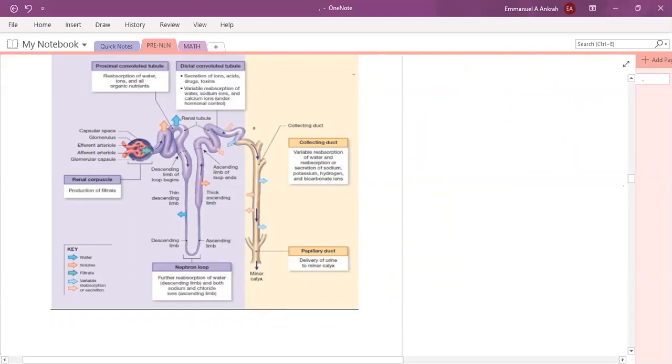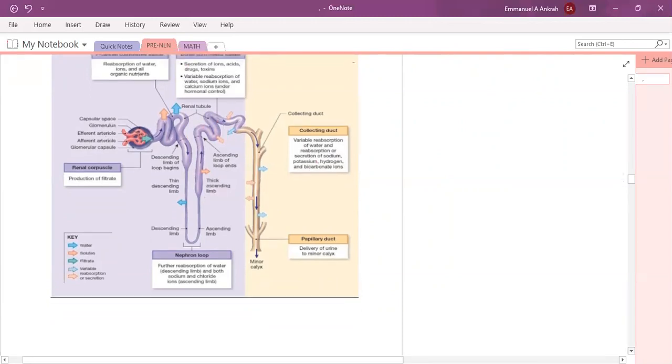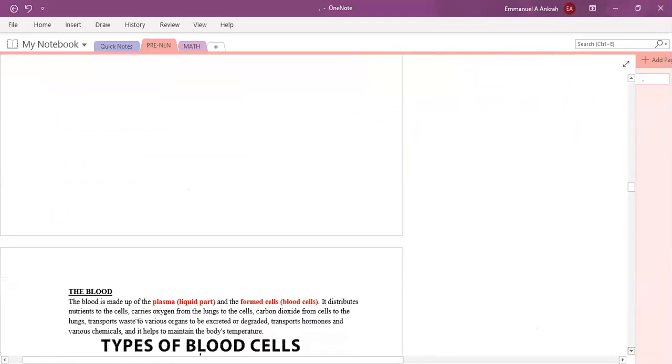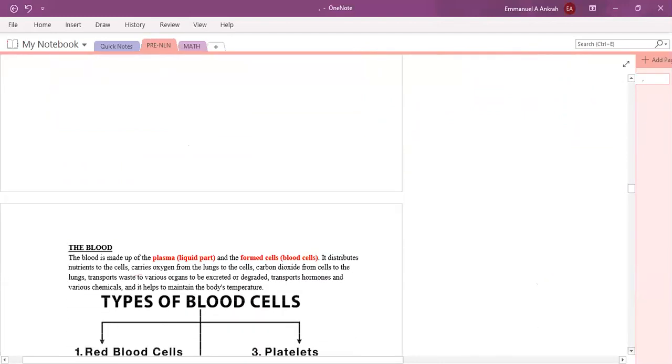So in the distal convoluted tubule, this is where you have the ADH acting, the anti-diuretic hormone that we spoke about, which will act around the distal tubule to control how much water leaves or goes in. So this is a good diagram if you can look at it after the class. Okay, all right. So that's an overview of urine production, the big system that we tried to cover.